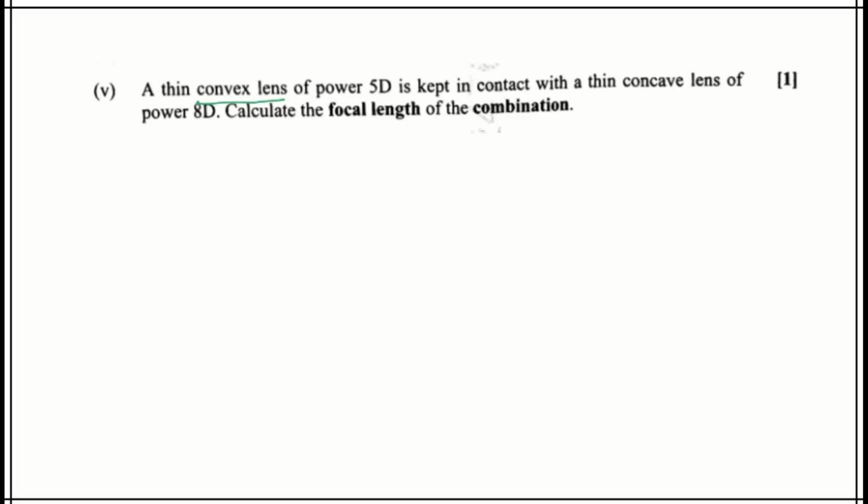Next question. Question number 5. A thin convex lens of power 5D is kept in contact with a thin concave lens of power 8D. So the first one, P1, is a convex lens, for which the power will be plus 5D. The next one is the concave one, P2, equal to minus 8D. We need to calculate the focal length of the combination. First we calculate the combined power, P equal to P1 plus P2.